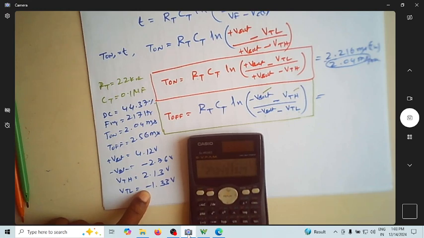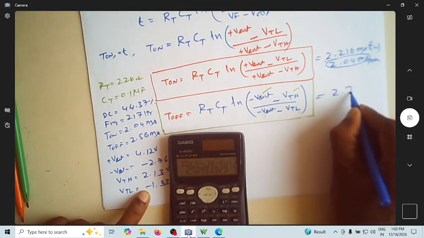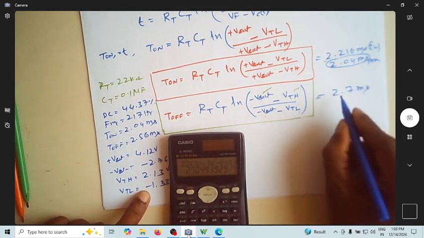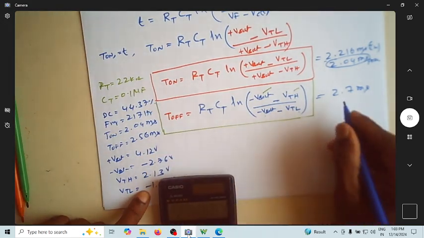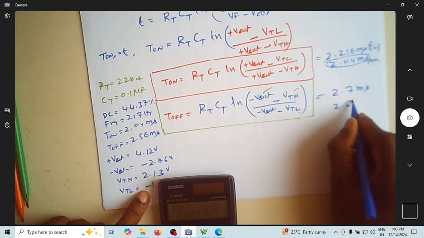If I run it, you can see it is 2.7 millisecond. Practically I got 2.56 millisecond.